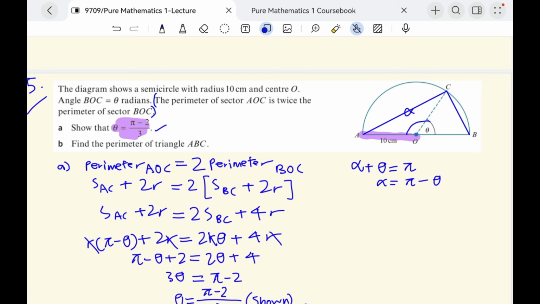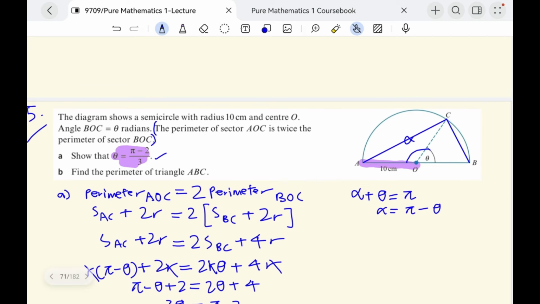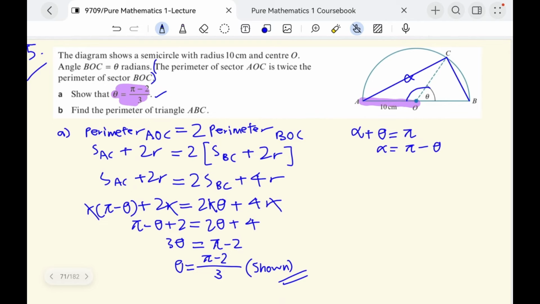And for some of the extra topics that you need to know, that is how to find the chord from the radius and the angle theta. You should use your cosine rule, right?